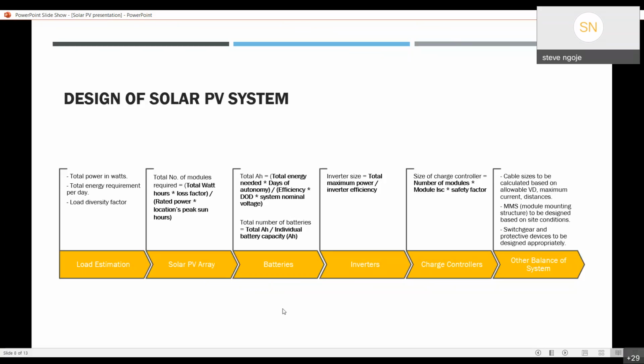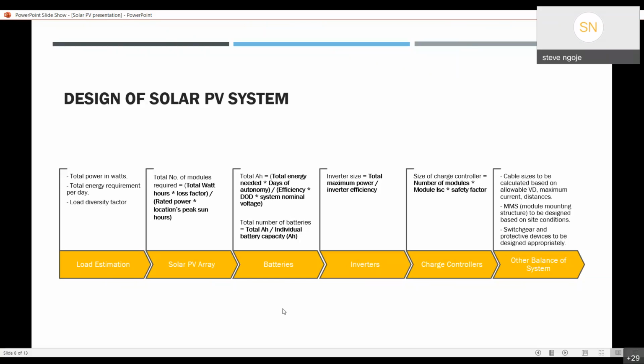On this last point, the location's peak sun hours: as much as we have 12 hours of daylight, the sun is not always strong throughout the day. Peak sun hours are those instances where the insolation, or rather the radiance from the sun, is at least 1,000 watts per meter squared.